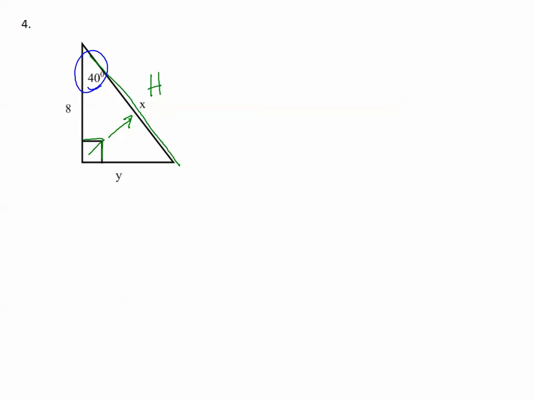So from this angle, I have this side is opposite, and this side next to adjacent. Now we're using trig, so let's write SOH CAH TOA. And let's find one thing at a time.